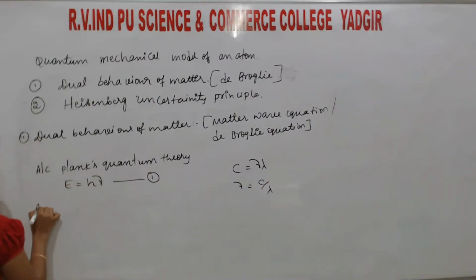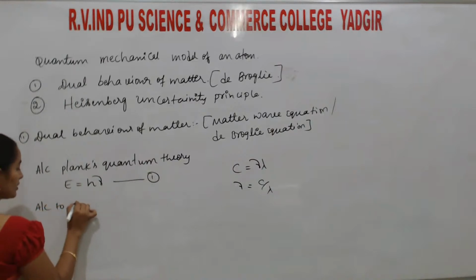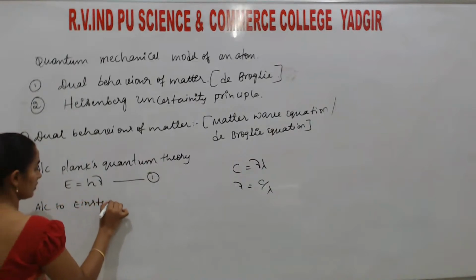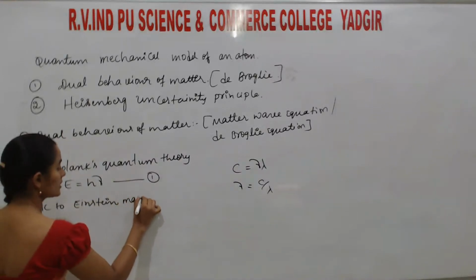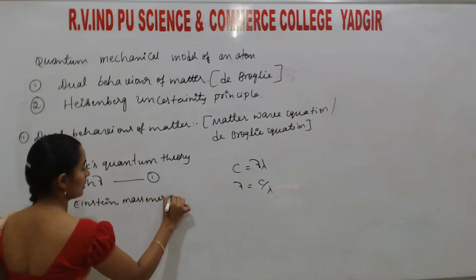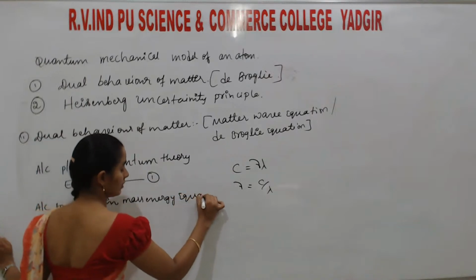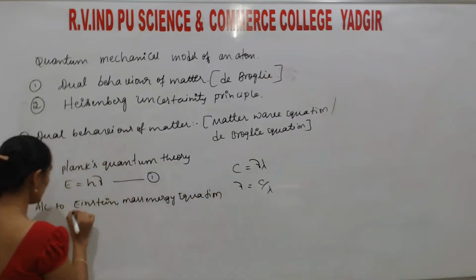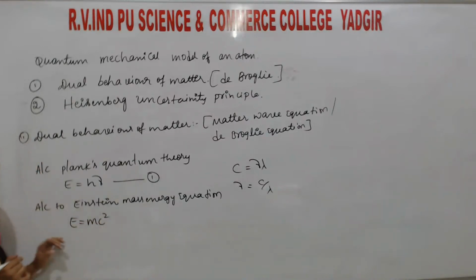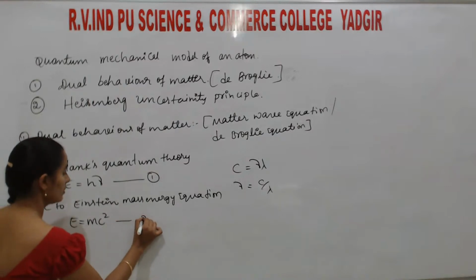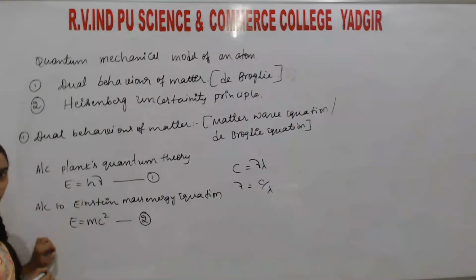Next, according to Einstein, the mass-energy equation, that is E is equal to mc square. Understood? So this is equation 2.